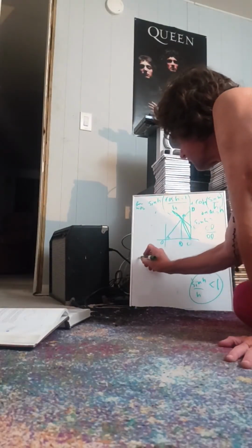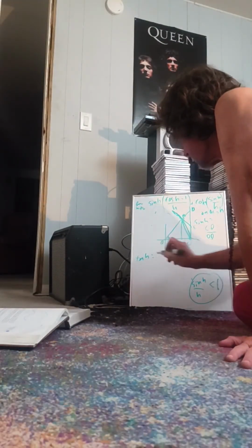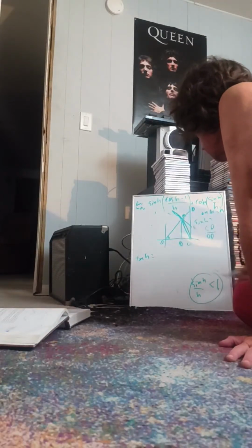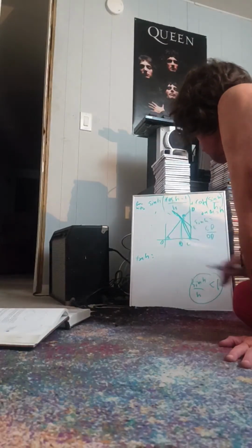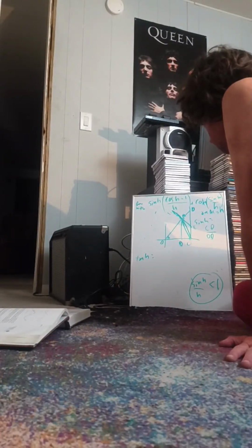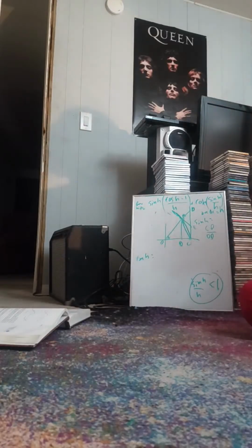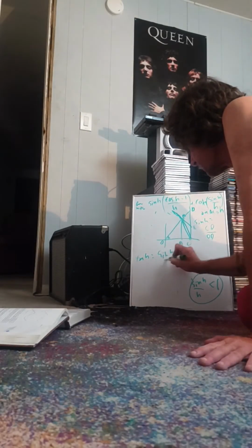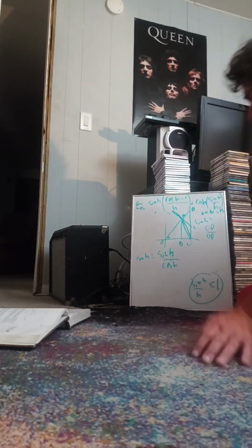Tangent h equals CD, wait, what is it equal to? Tangent h equals sine h over cosine h. That's just the true thing.